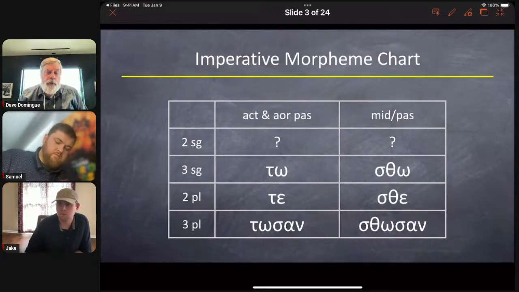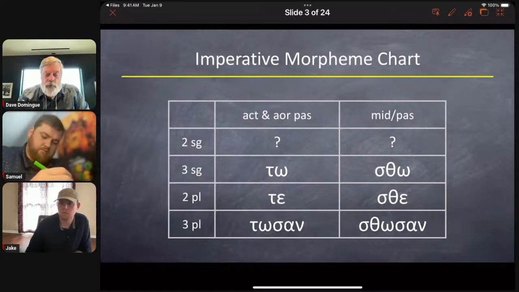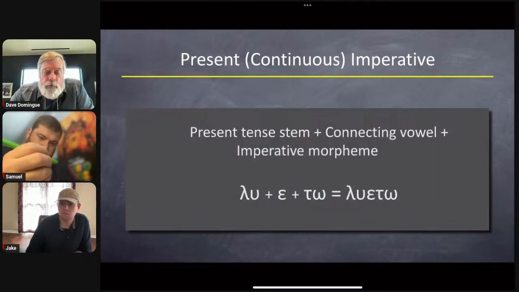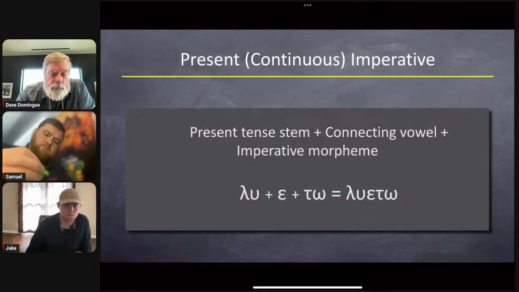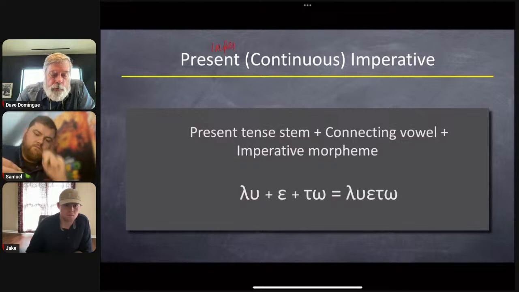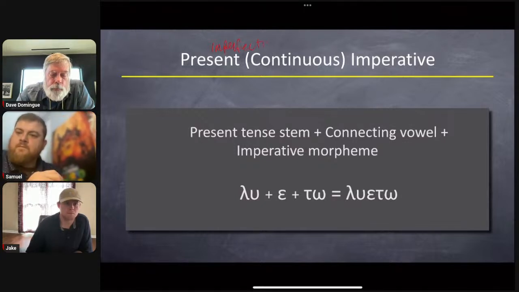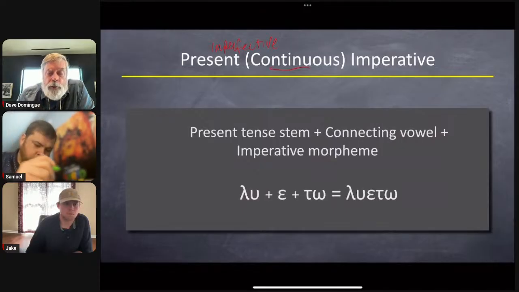And generally context will help bring this out, although sometimes that is not as helpful as you'd hope. When you build the present imperative, present is going to be that imperfective, which is more of a continuous or ongoing or iterative kind of process.